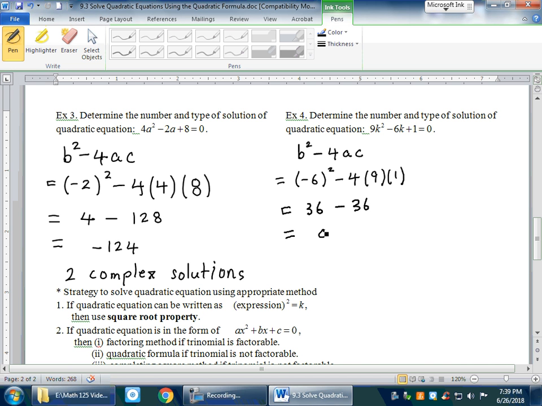If the value of the discriminant is 0, then we know that it will be one real rational solution.